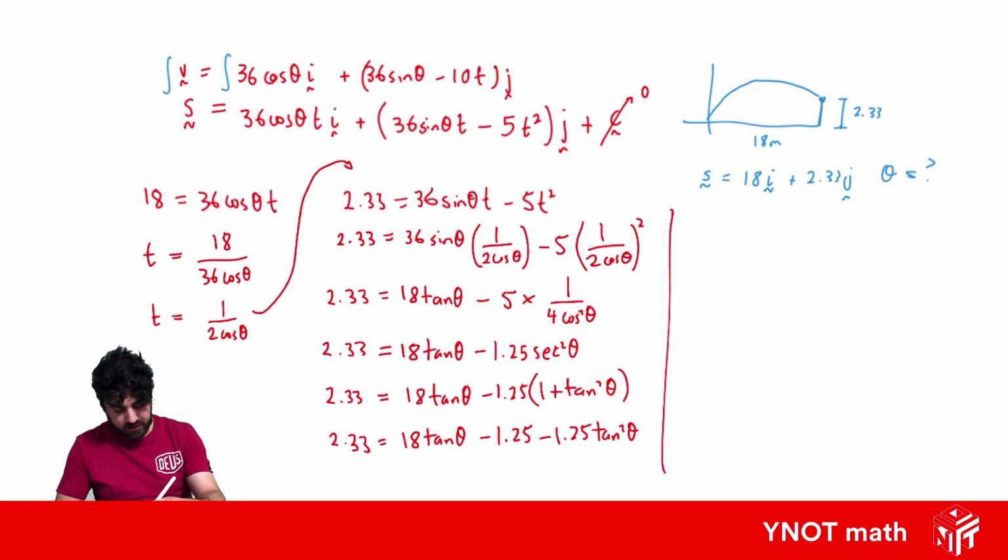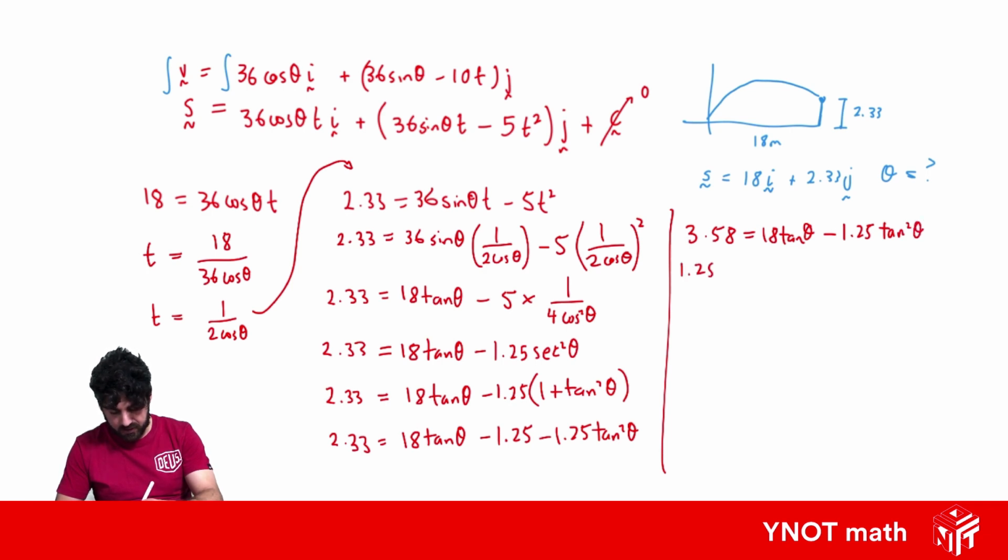So let's add 1.25 to both sides. So we're going to get 3.58 equals 18 tan theta minus 1.25 tan squared theta. Let's just take everything to the left hand side.